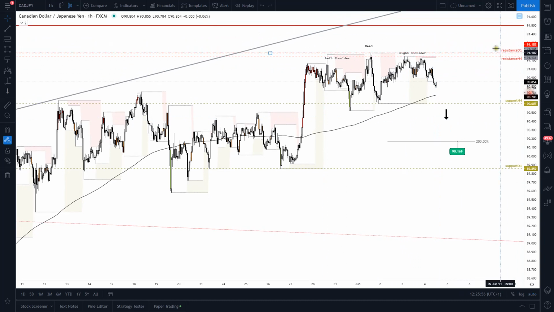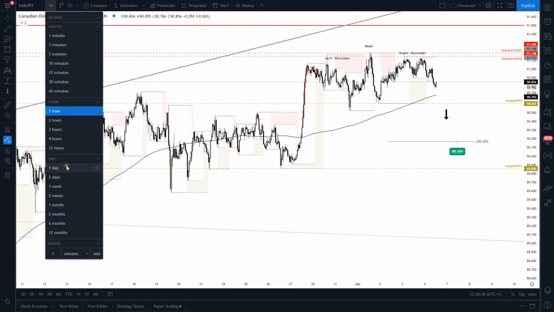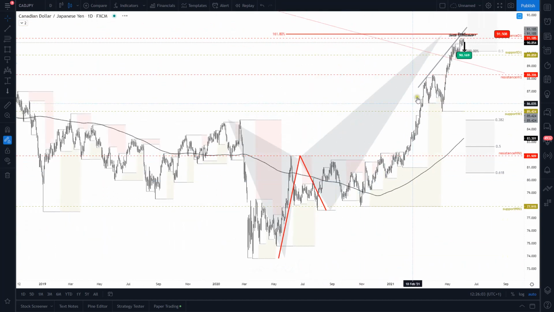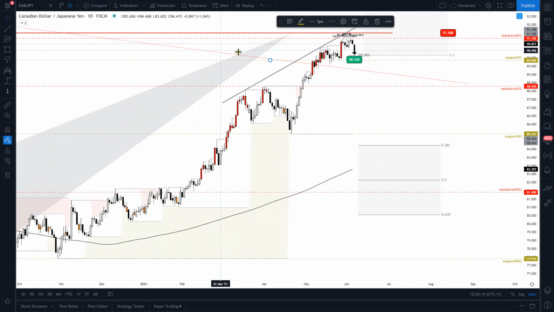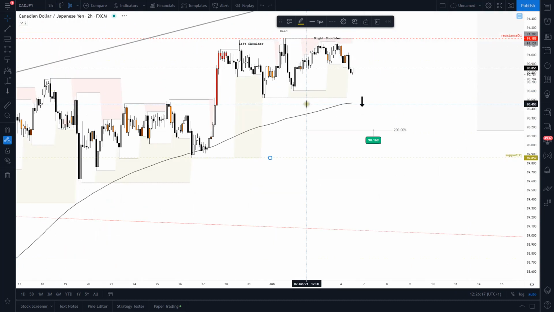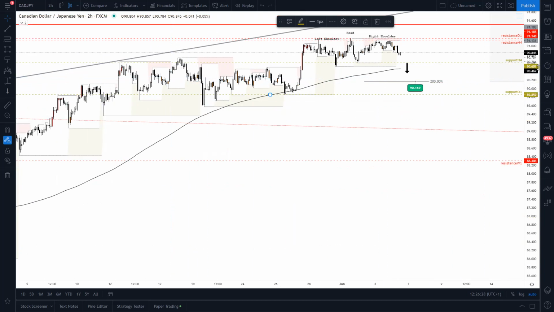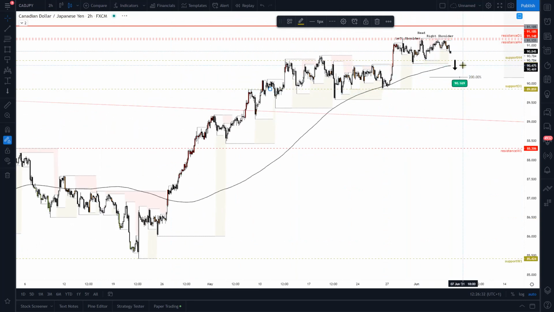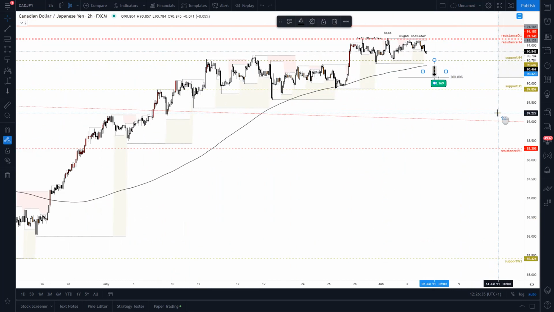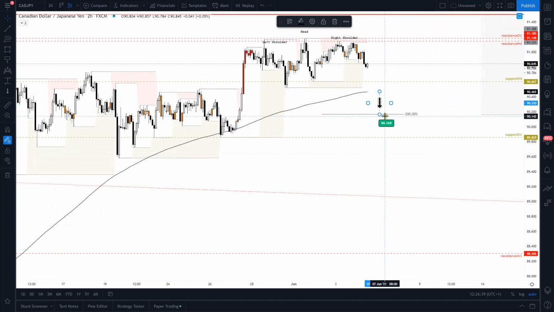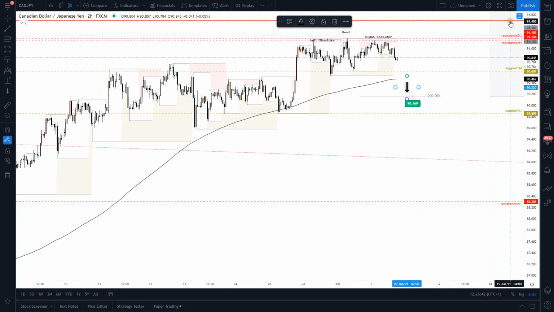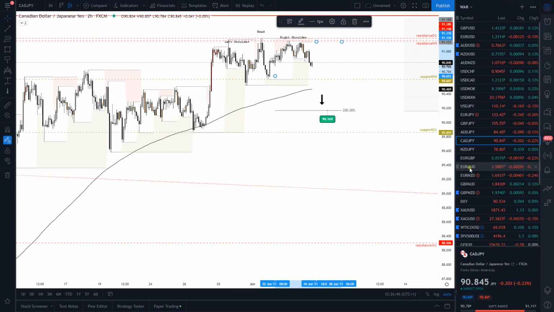If the market decides to fail the formation of the crab pattern at 91.50 that I showed you before, and if the market decides to trade below the next zone, the fractal support, not the daily but the most recent one, the 4 hour fractal support at 90.60, I believe that should trigger the pattern with default targets projected at this price zone, the 200 moving average, the 200% Fibonacci extension level.